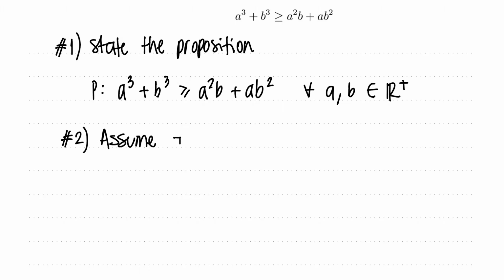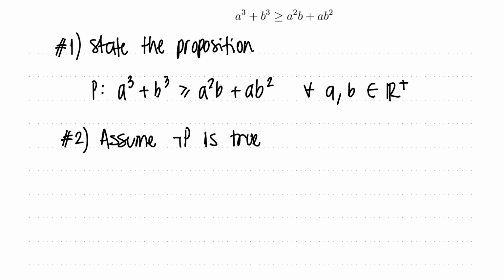Step number 2, we are going to assume that not P is true. What is not P? It's the negation of P. Negation is a better word compared to the opposite, but you can think about that as being the opposite as well. Think about what is the opposite or the negation of a cubed plus b cubed being greater than or equal to a squared b plus a b squared.